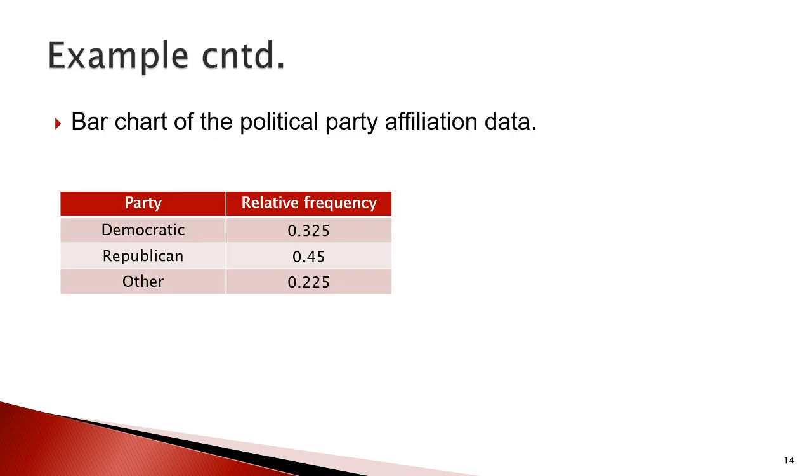Now let's move to our example and see how we can create a bar chart for our dataset. Okay, we already have this relative frequency column for each name of the variable. We can draw the bars of each party in our bar chart like this.